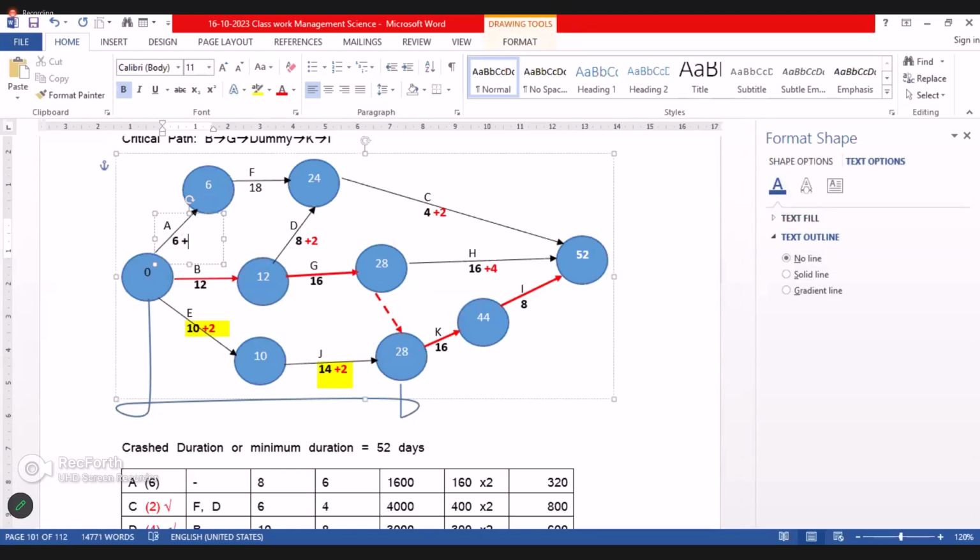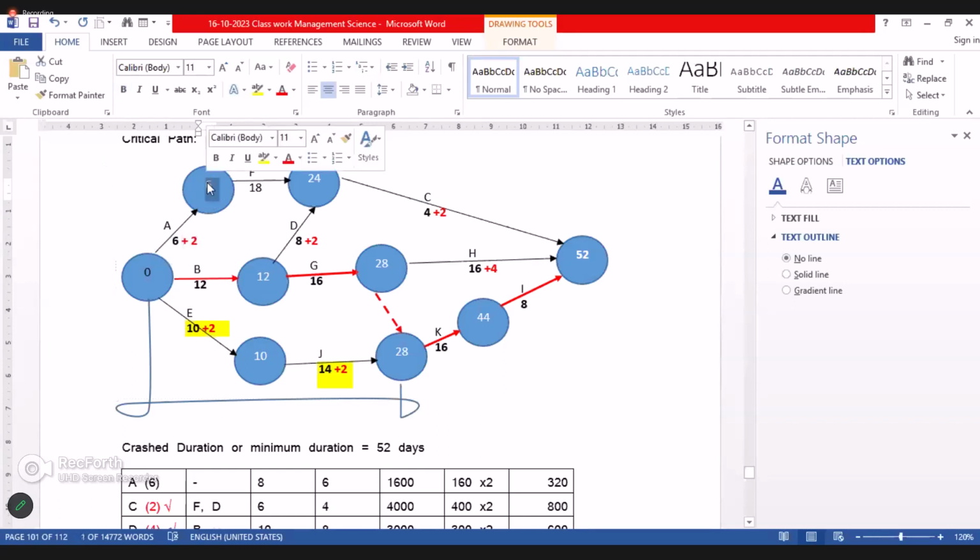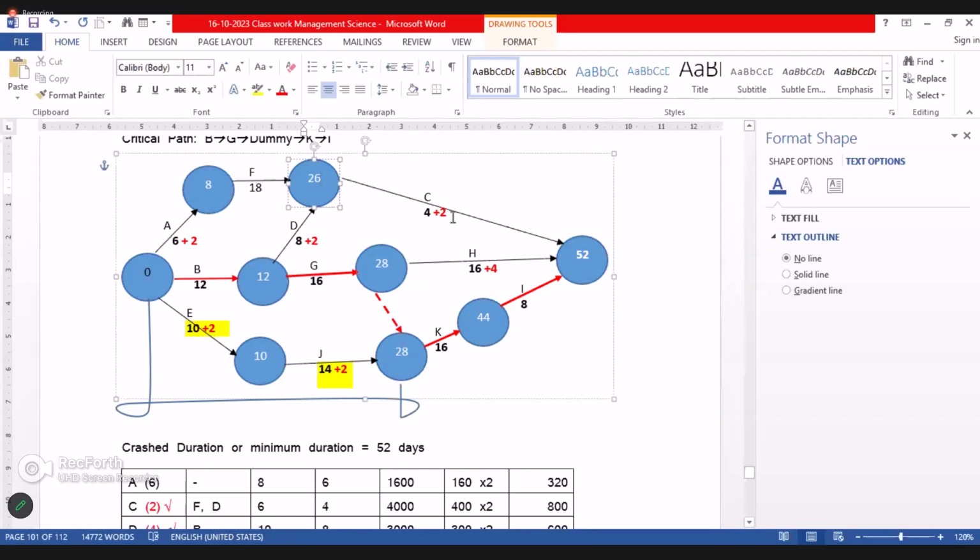No problem, because it becomes now 8, not 6. 8 plus 18, how much? 20. 6. 26 plus 6, how much? 32. 30, no problem.